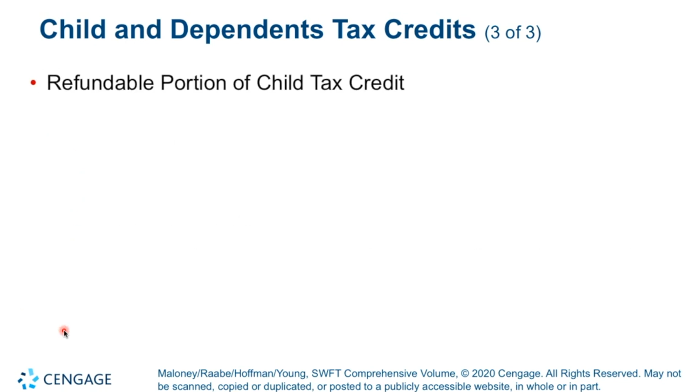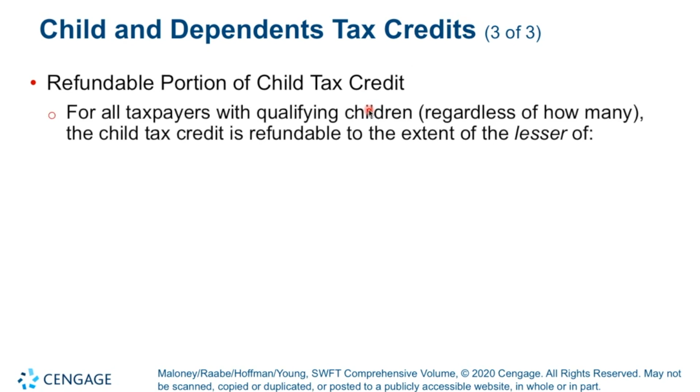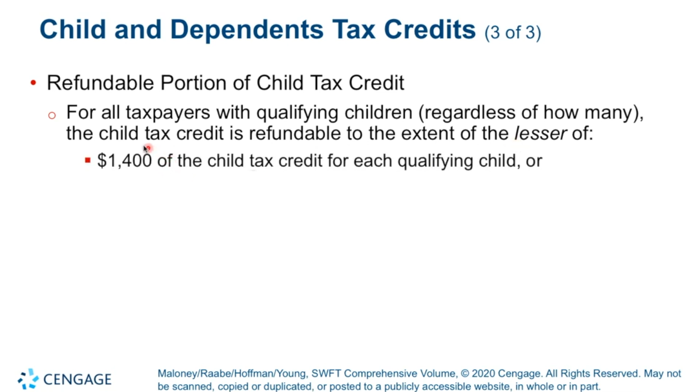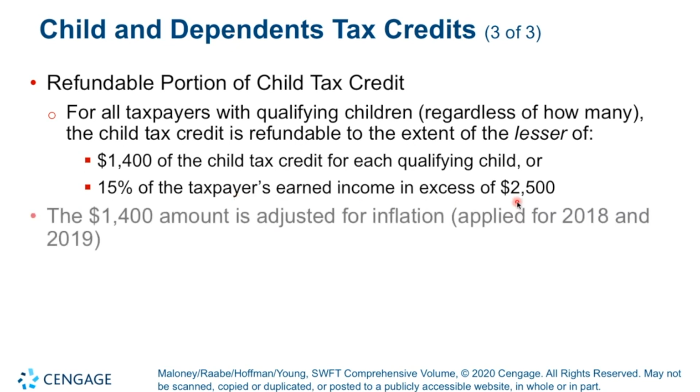Now, there's a refundable portion of the child tax credit. So the child tax credit is essentially two credits, one that's non-refundable and one that's refundable. For all taxpayers with qualifying children, regardless of how many, the child tax credit is refundable to the extent of the lesser of $1,400 of the child tax credit for each qualifying child, or 15% of the taxpayer's earned income in excess of $2,500.